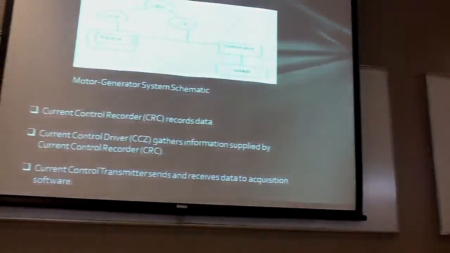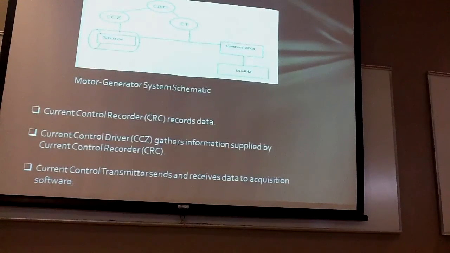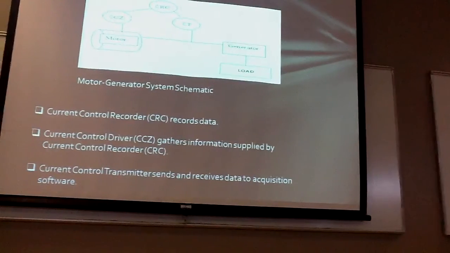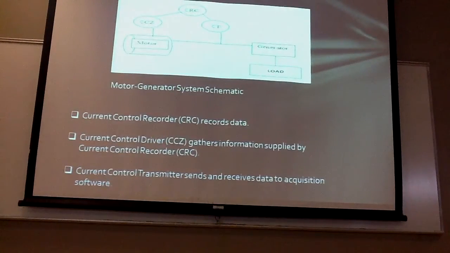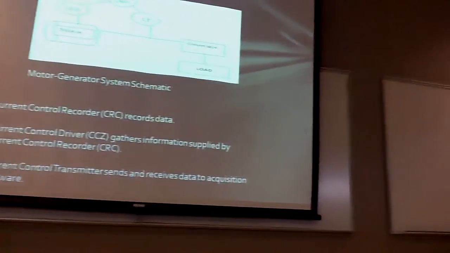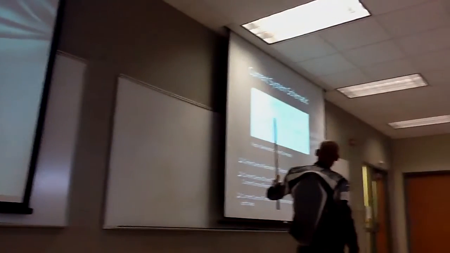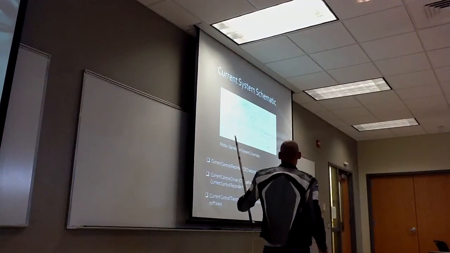This is the schematic of the entire system. You have the motor over here, and connected right next to it is going to be the generator. And when we turn it on, you just hear a lot of noise.